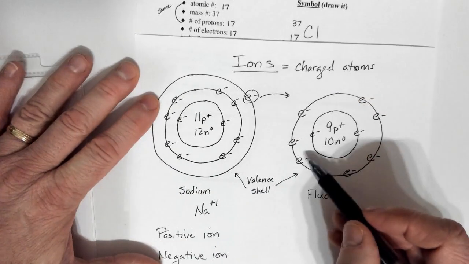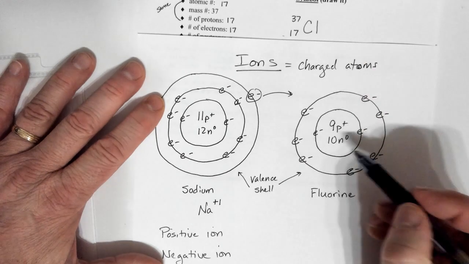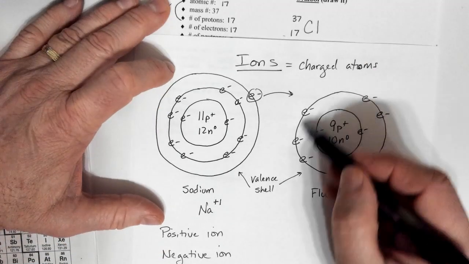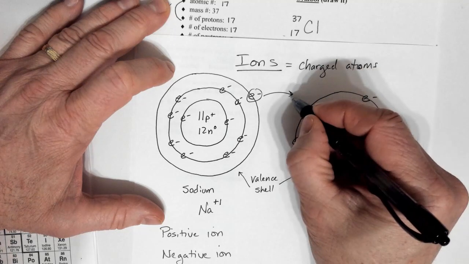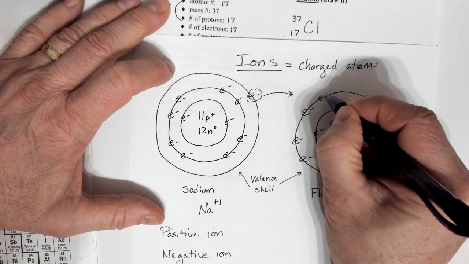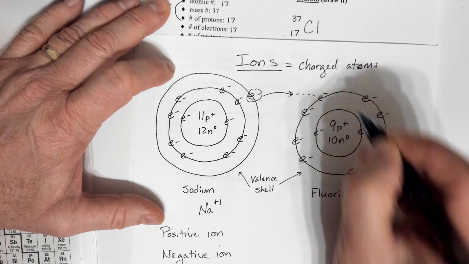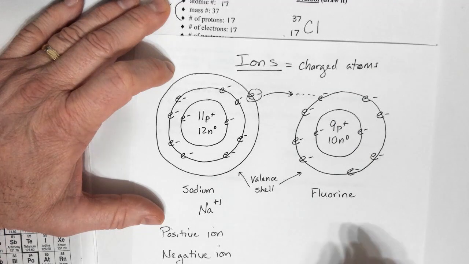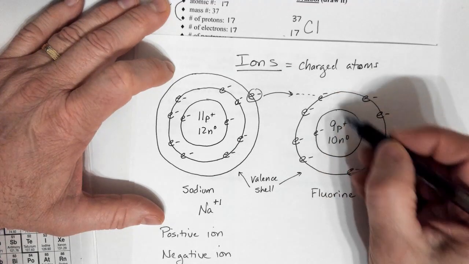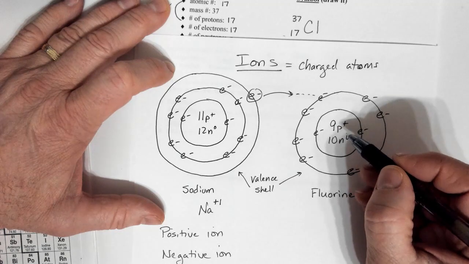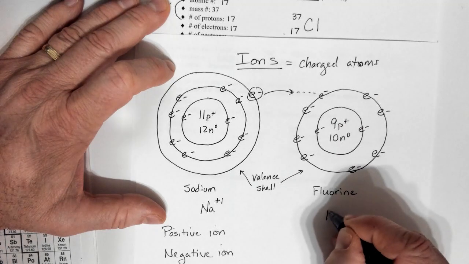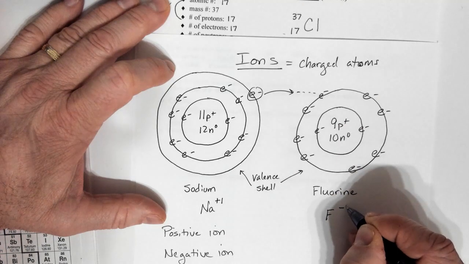So here you see it has 9 electrons, it has 2 in its inner shell, and then it has 8 out here, 7 out here. And if it could gain that 1 electron, then it would feel like a noble gas. But then that would make it negative, because now it would have 10 electrons, but only 9 protons.